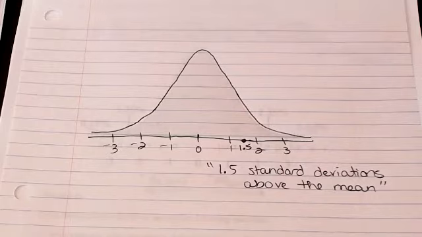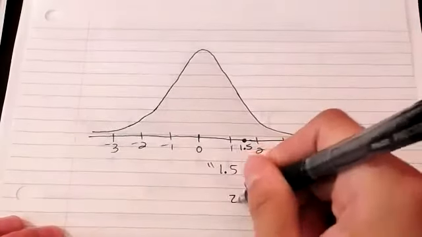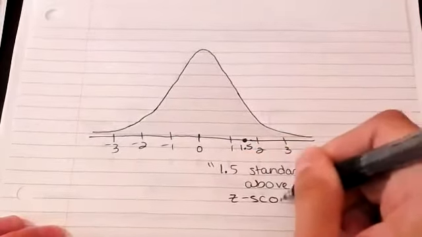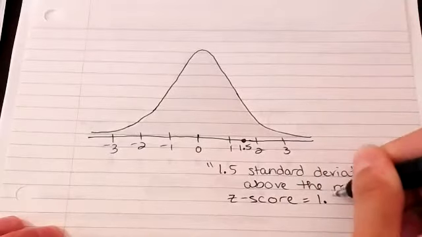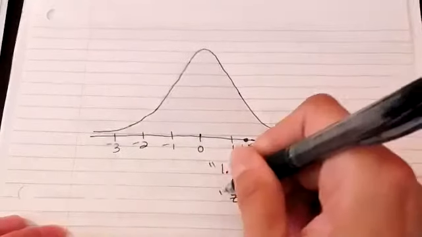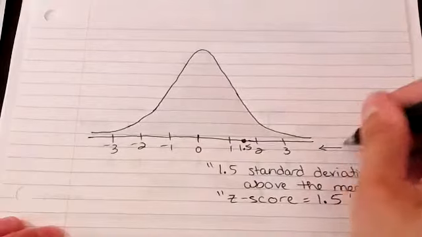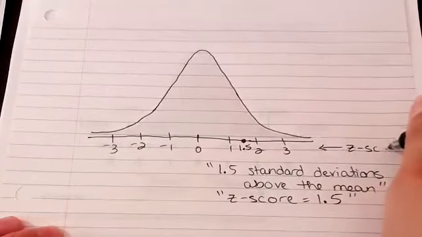There's another way to describe this particular location on a normal curve. In addition to saying 1.5 standard deviations above the mean, you can also say the z-score is equal to 1.5, because this axis refers to z-scores.